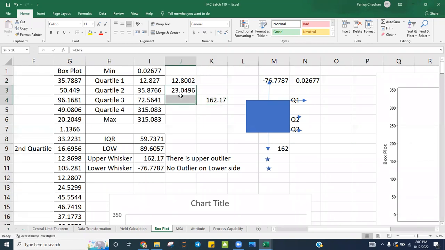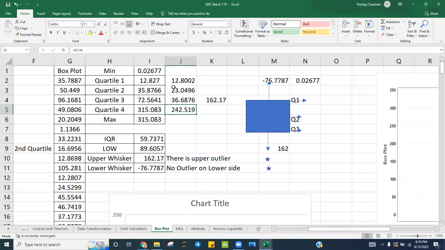If you see from quartile 2 to quartile 3, the range is becoming 36, which is much higher variation, which means as your data points are increasing, your variation is increasing. And if you see from quartile 3 to quartile 4, this is much higher variation. 242 is the difference. So that will tell you where is the maximum concentration of your data, where your data is distributed.